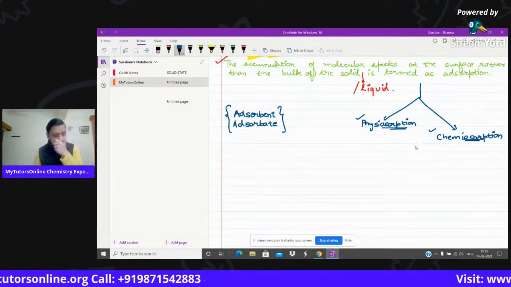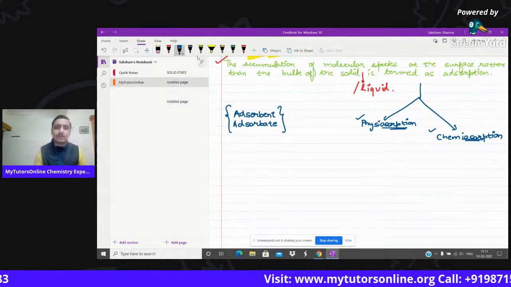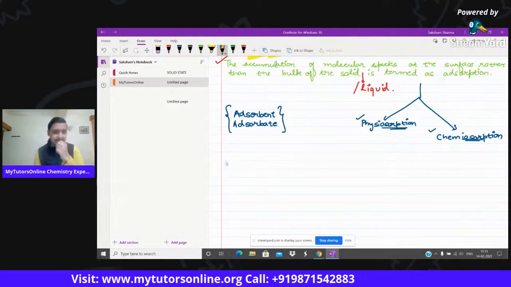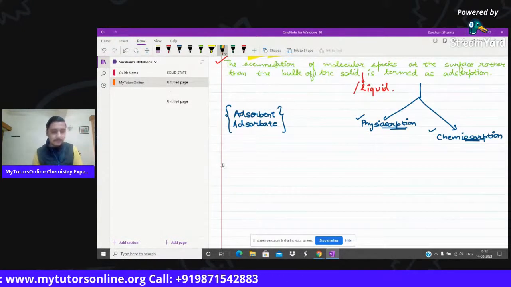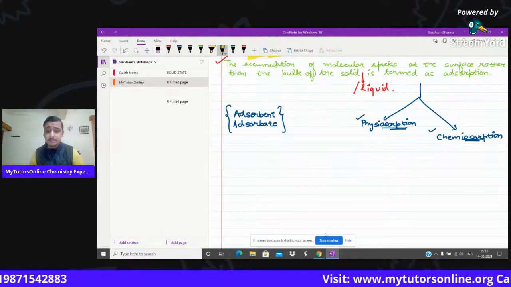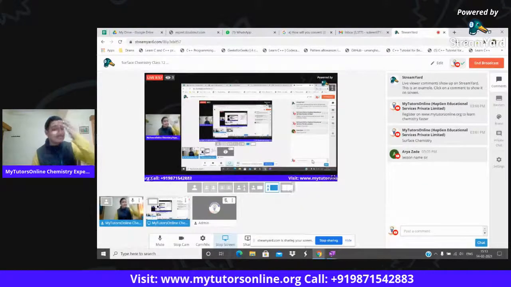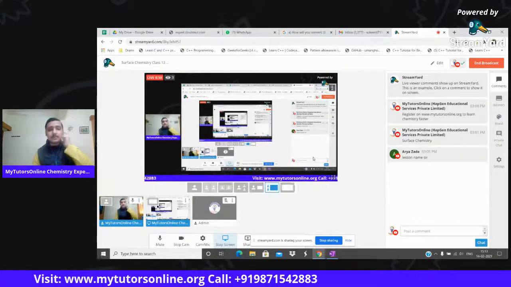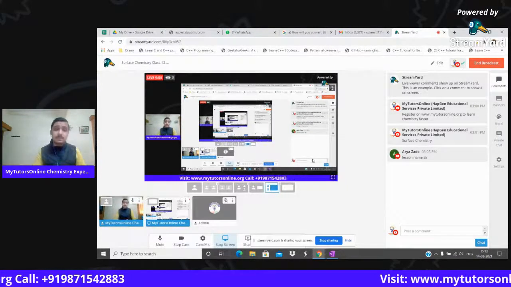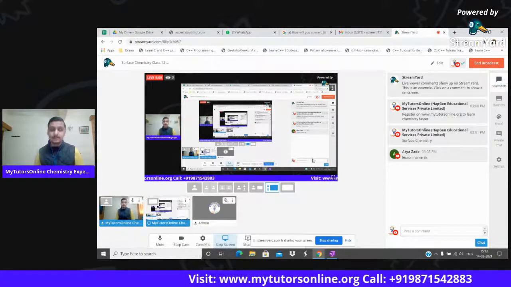First let's talk about adsorbate and adsorbent. Let me choose a suitable pen. For this also I suggest you remember the bookish definition itself, because in your exams, CBSE board exams in particular, the marks are given only on the basis of the language you use while writing the answers.